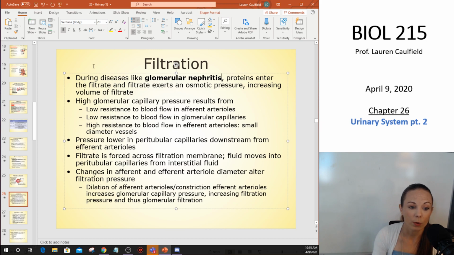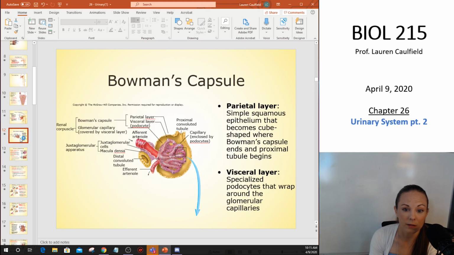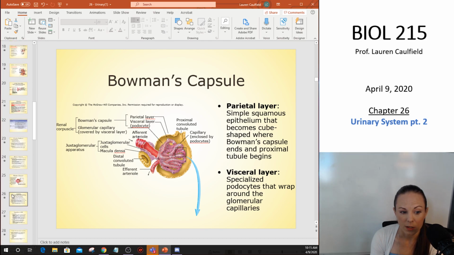Okay, so let's go back and look at the structure of the Bowman's capsule again. Remember how we talked about our afferent arteriole and our efferent arteriole? And we talked about the fact that both of these vessels are going to have bands of smooth muscle surrounding them.